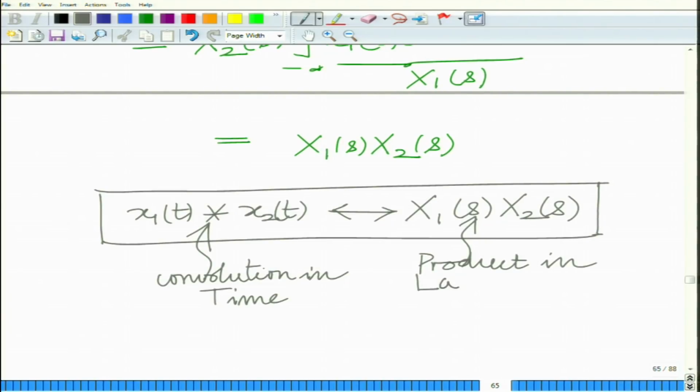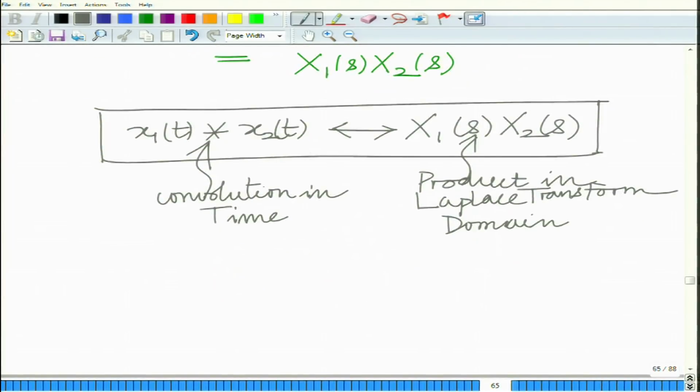So, convolution in time is the product in the Laplace transform domain, or basically the s domain, and this is an important property.